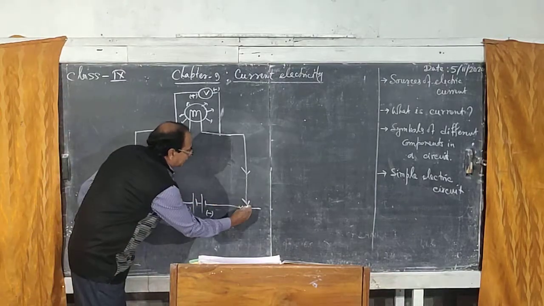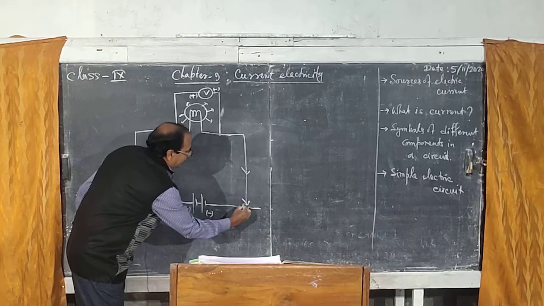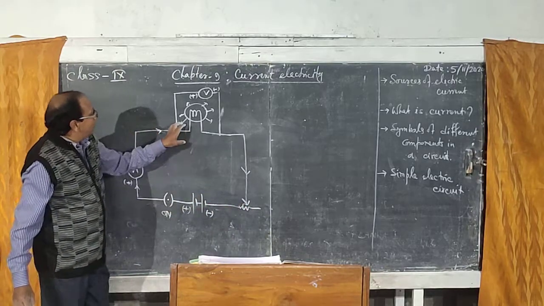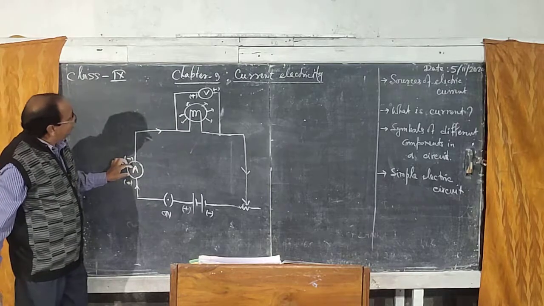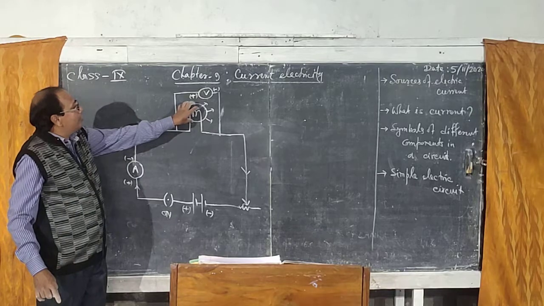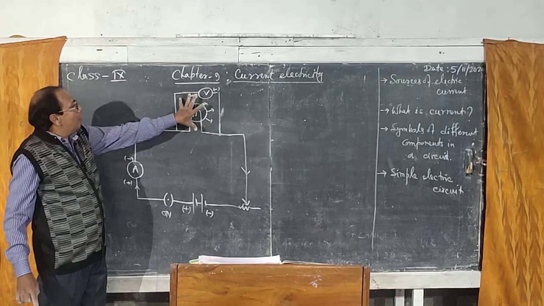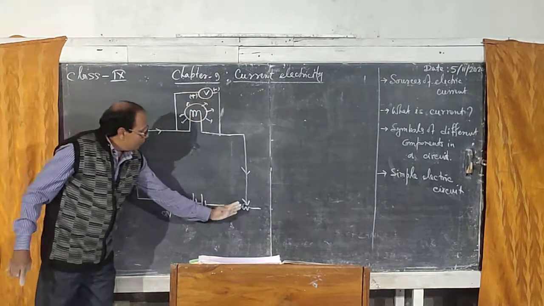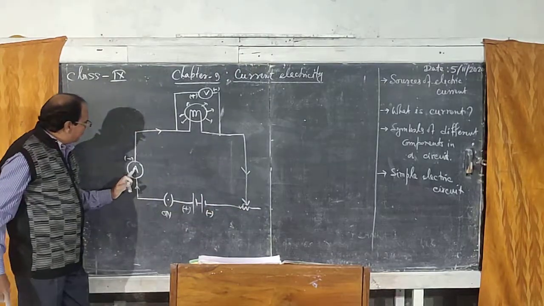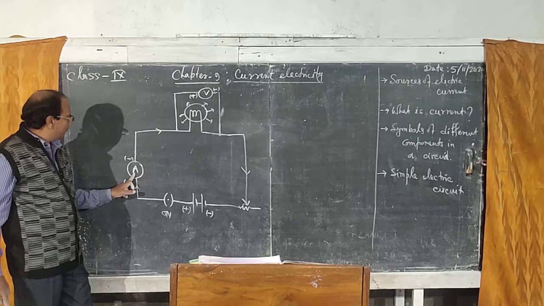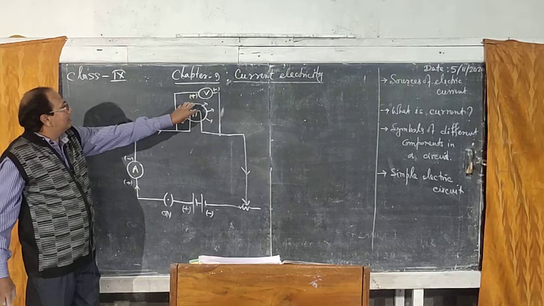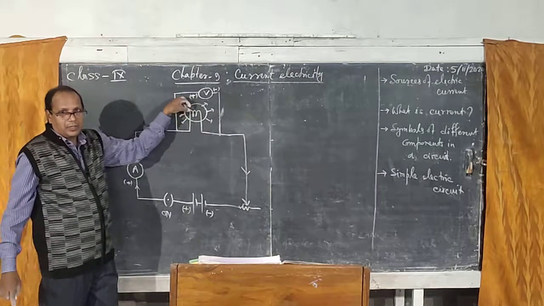If we bring this point here, then less resistance comes in the circuit, more current starts to flow through the bulb, which you can see from the ammeter, and the bulb will glow with more light. And if we put more resistance in the circuit, then less current will flow through the bulb, and the bulb will decrease its intensity.